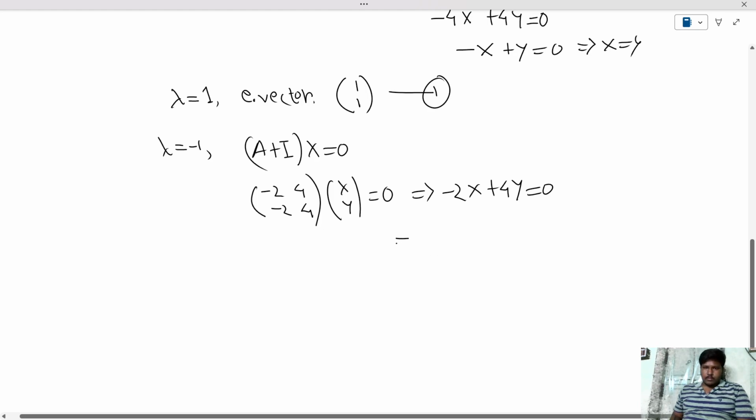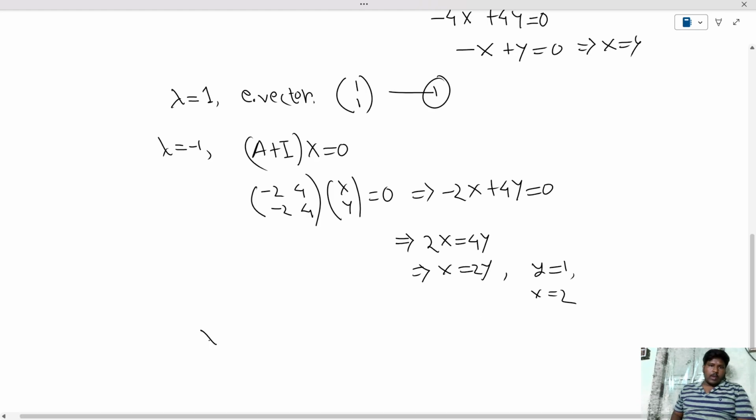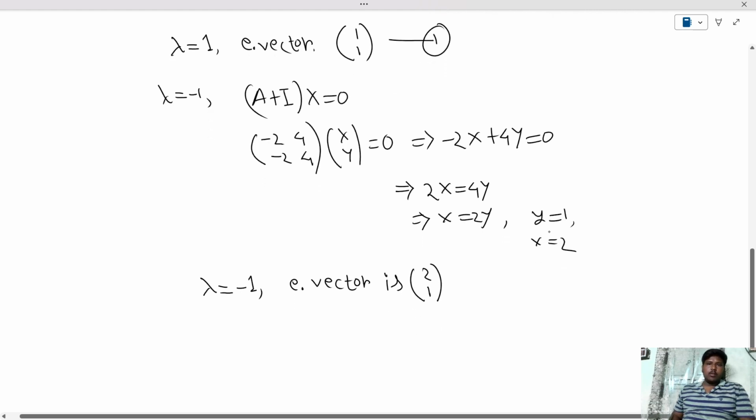That means 2x equals to 4y. That means x equals to 2y. So अगर हम y equals to 1 पुट करेंगे तो x का वैल्यू आएगा 2. So for lambda equals to -1, the eigenvector is (2, 1).